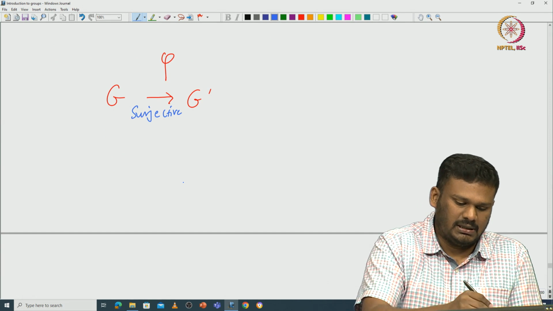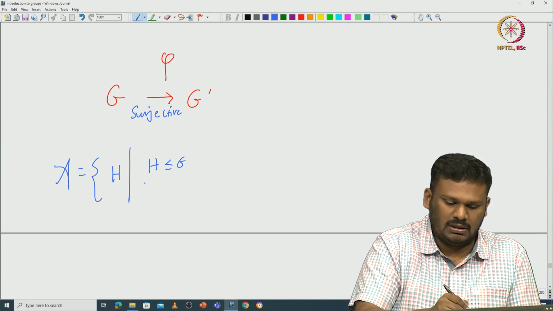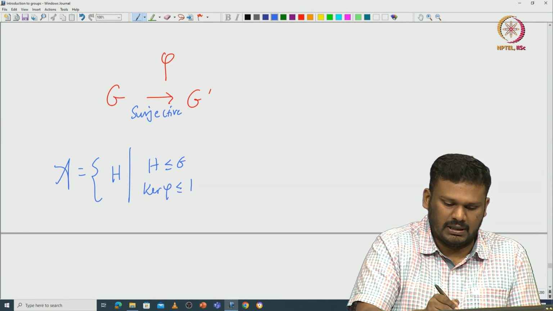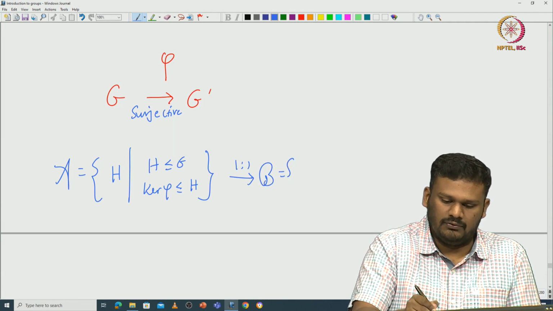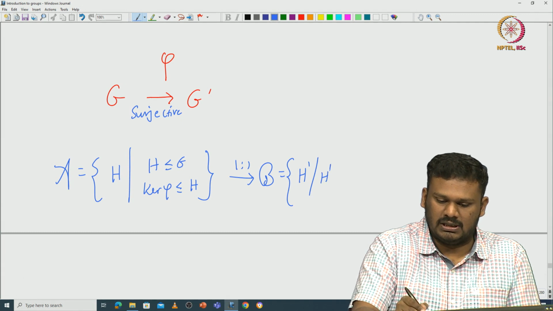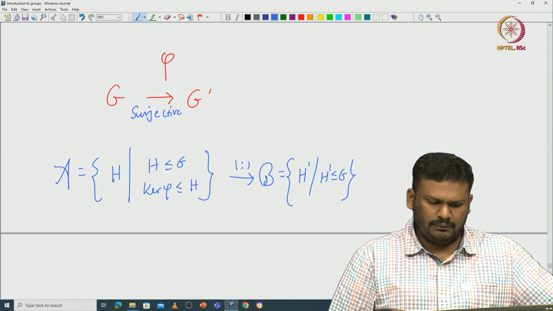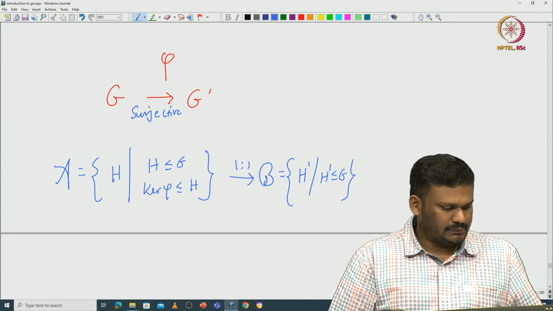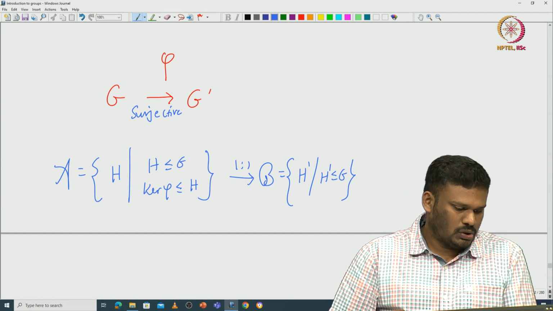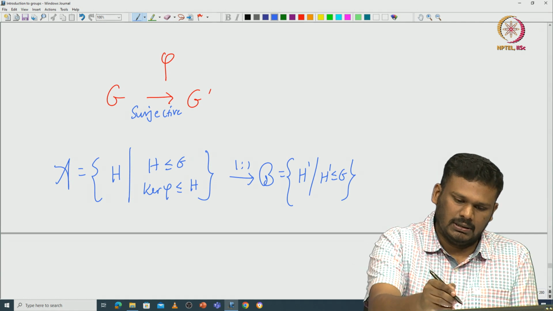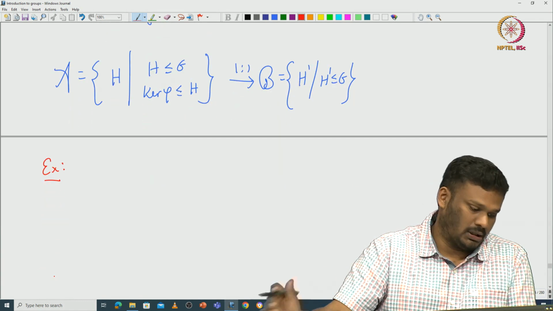Then we have already seen that there is a one-to-one correspondence between the subgroups H of G with kernel of phi contained in H, and the subgroups H dash of G dash. This correspondence takes subgroup to subgroup. One can also prove, let me state it as an exercise, that this also takes normal subgroup to normal subgroup.